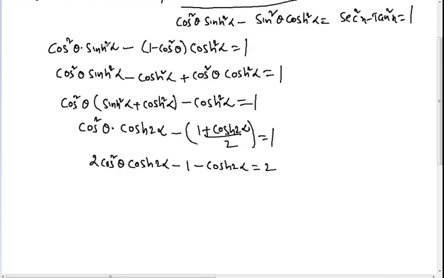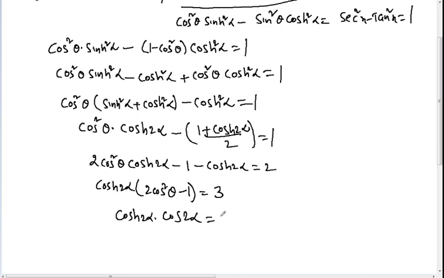Take cosh 2 alpha common, that is 2 cos square theta minus 1 is equal to 2 plus 1, that is 3. 2 cos square theta minus 1, that is cosh 2 alpha into 2 cos square theta minus 1, is cos 2 theta, that is equal to 3. That is done.